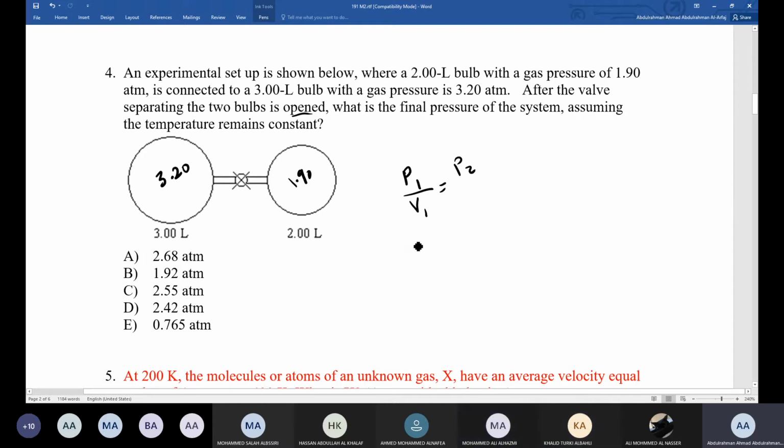Actually, we have to find the number of moles. The best thing is to do P1V1 over N1 equal to P2V2 over N2, because the temperature is constant. And so, yes, we have to calculate the number of moles.